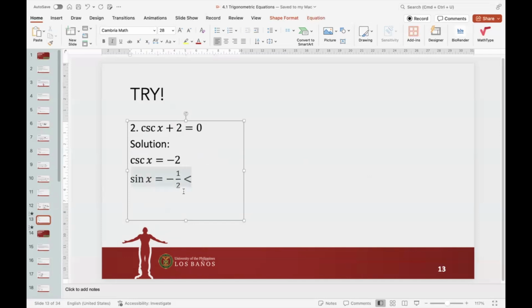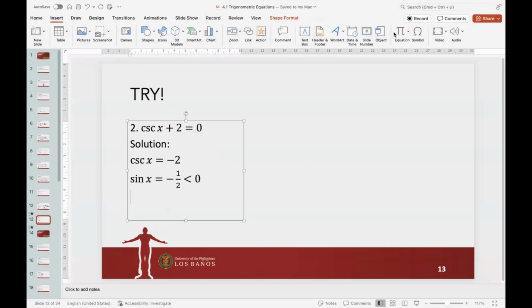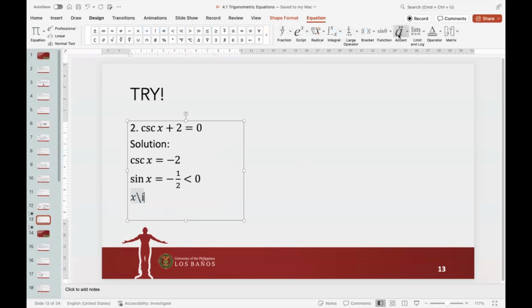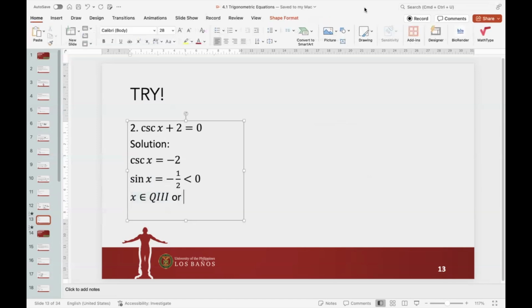And this is less than 0. So it follows that x is in the third quadrant. Again, sine is negative in the third quadrant or in the fourth quadrant.